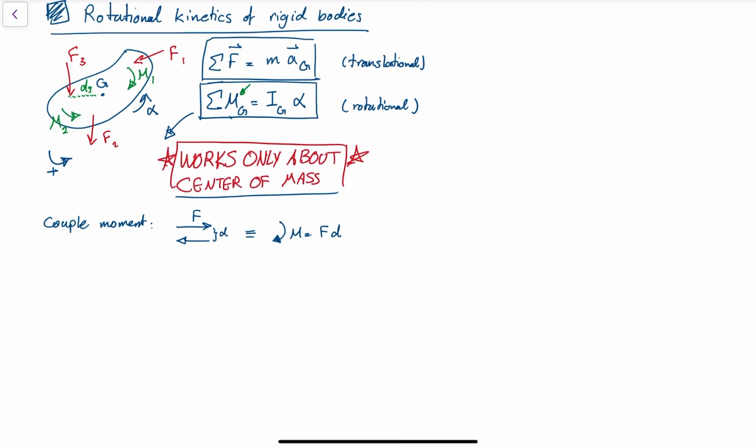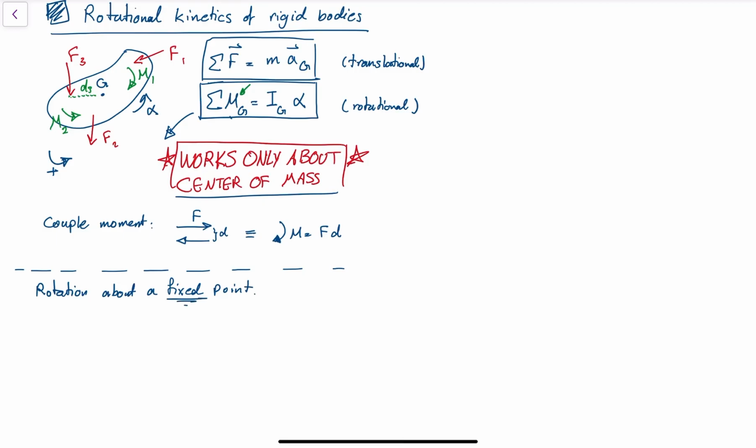So this equation only works about the center of mass. What about other points? You are kind of in luck, kind of you're not, in that it doesn't work about most other points except a few situations. Which one is better? Let's start with the simpler one. So rotation about a fixed point.